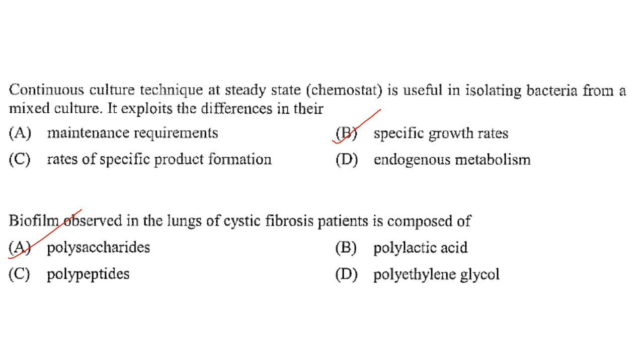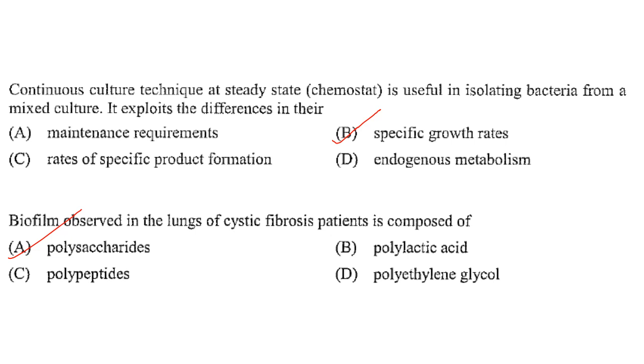For example, the faster growing bacteria will outcompete the slower growing ones, enabling the isolation of the faster growing bacteria. Answer is option B.